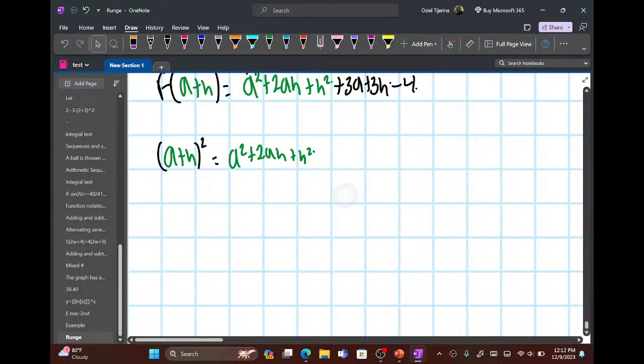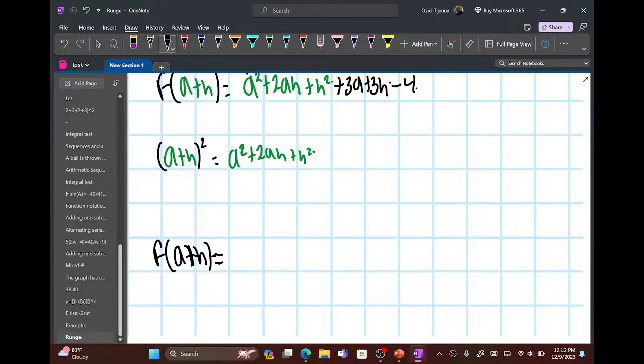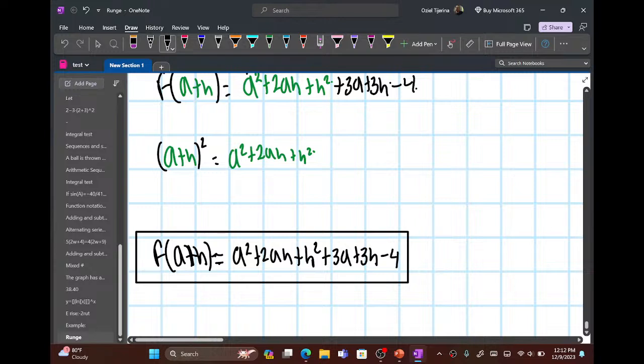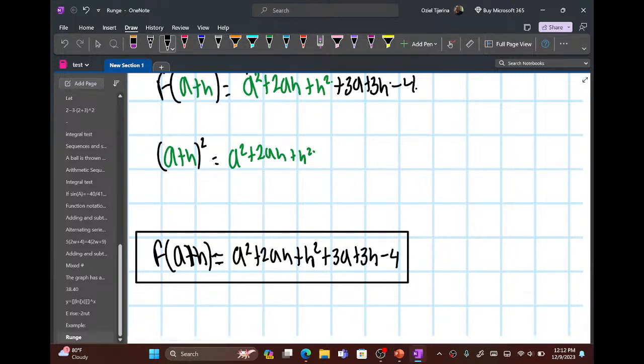Obviously, we cannot combine anything in here. So f of a plus h is really just going to be a squared plus 2ah plus h squared plus 3a plus 3h minus 4. You don't have to do anything with this. This is it. Do not try to factor or anything like that. It's not needed. Okay, guys?